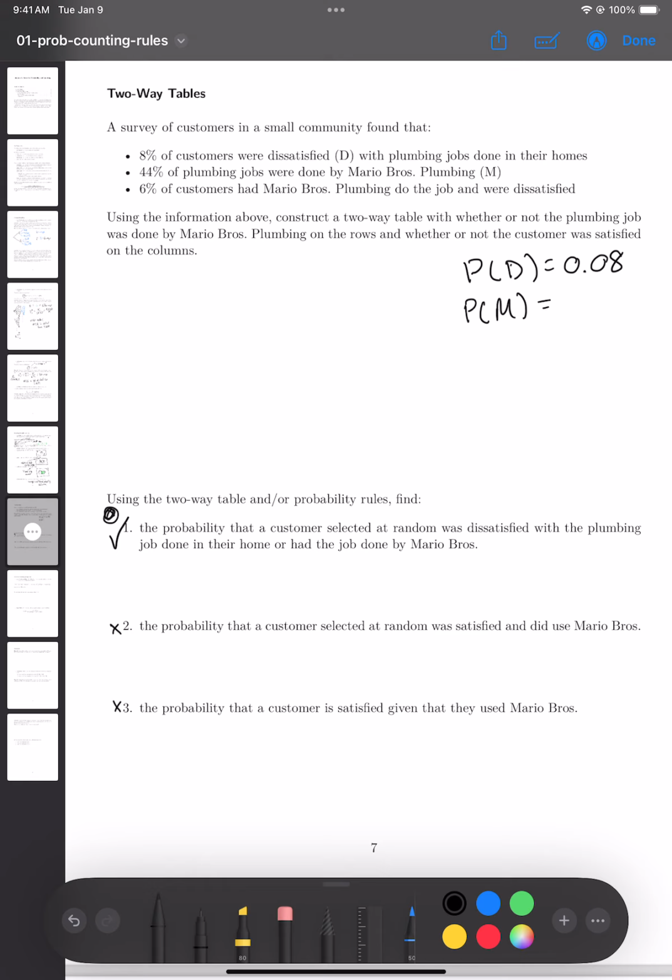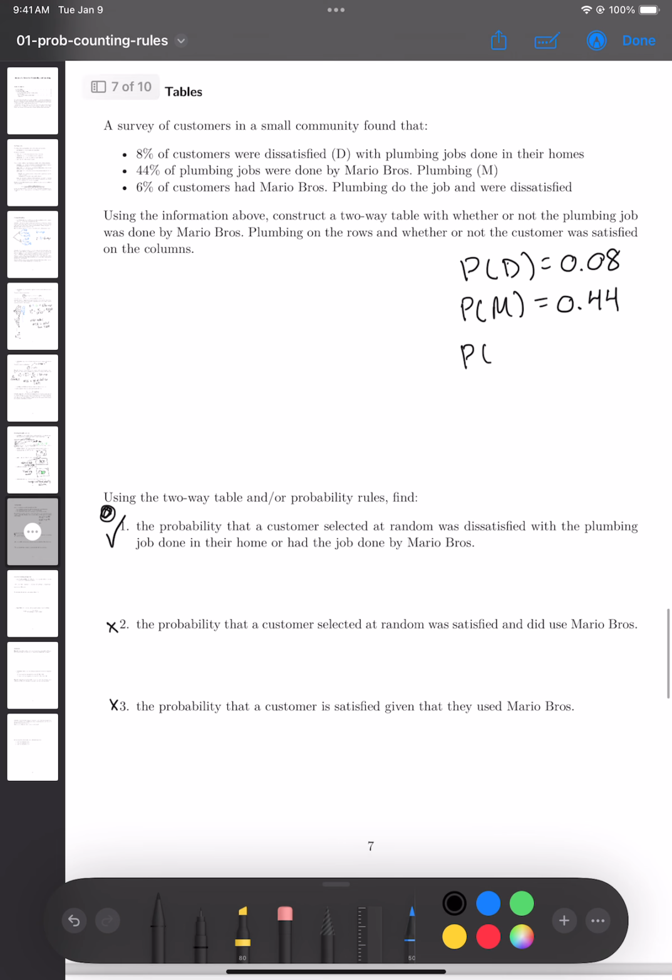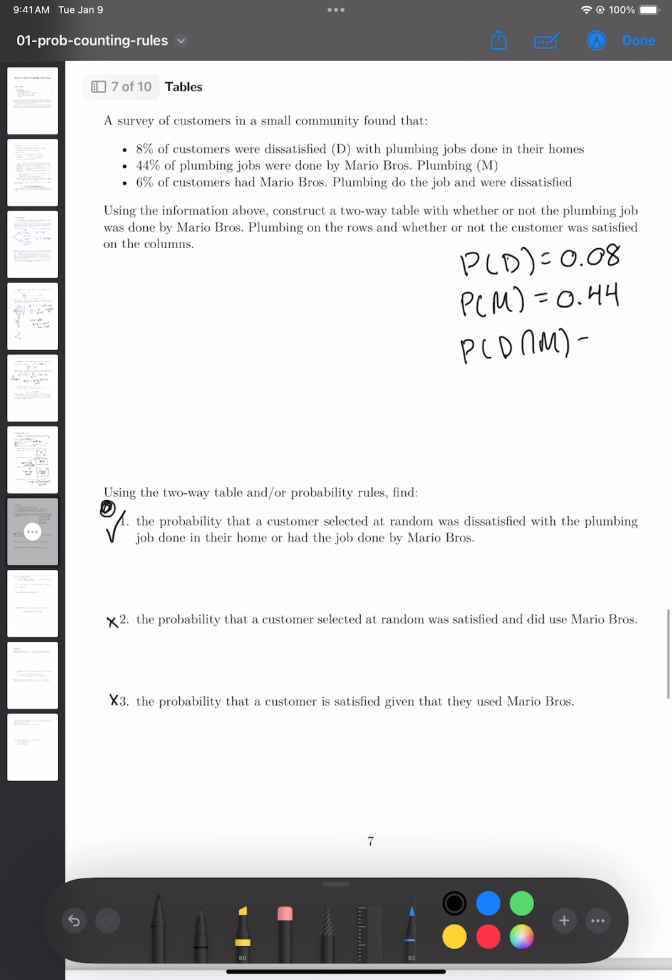Plumbing, and we're given that that's 0.44. And we're given that the probability of being dissatisfied and the job was done by Mario Bros. Plumbing is 0.06. So that's what we've got.